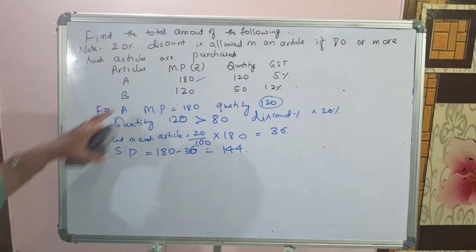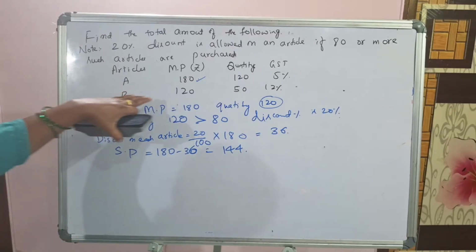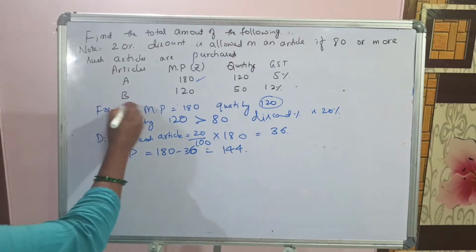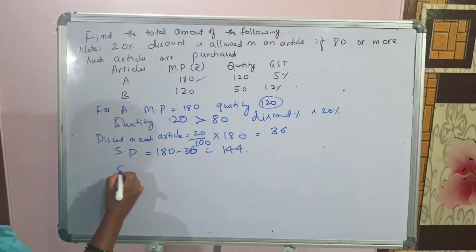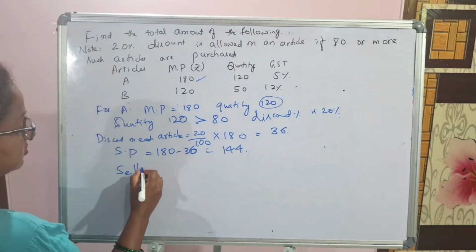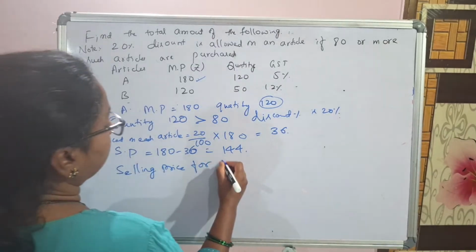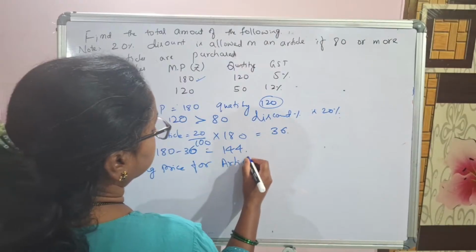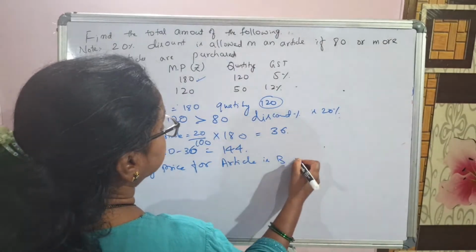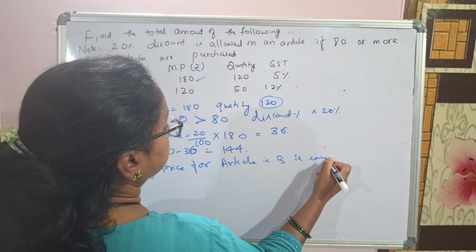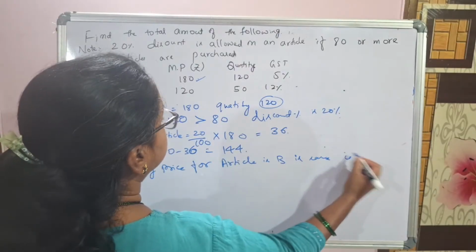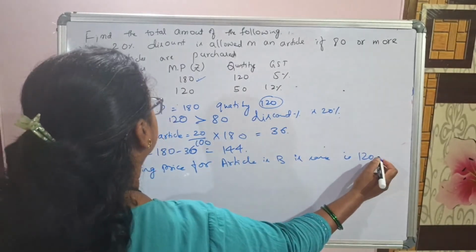The discount is applicable only for article A, not for article B. The selling price for article B is the same, that is 120 rupees.